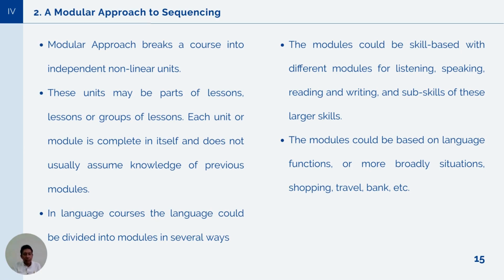The content covered in the curriculum shouldn't be linear with the previous one, but independently separated. These units may be parts of lessons or groups of lessons. Each unit or module is complete in itself and does not usually assume knowledge of previous modules.